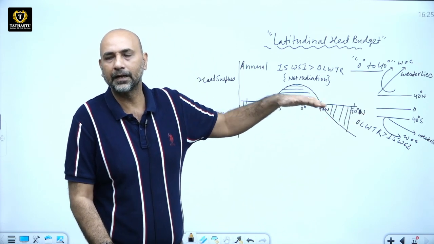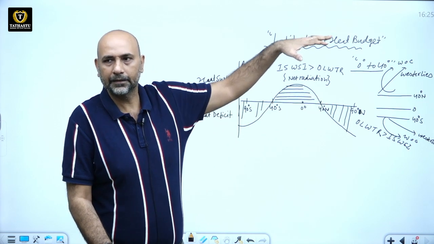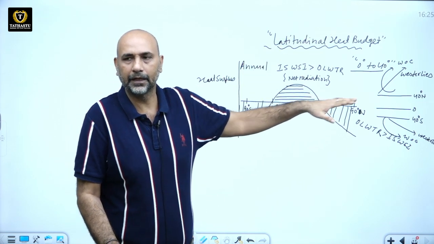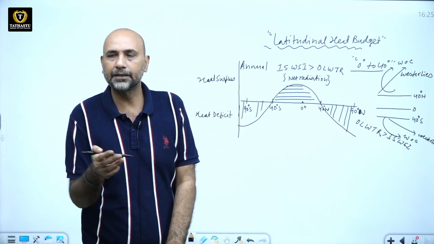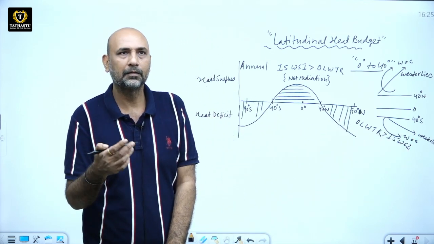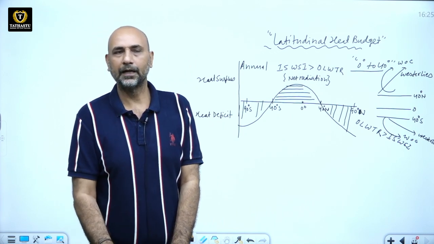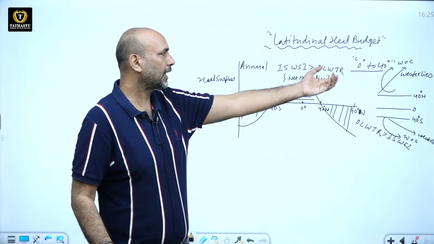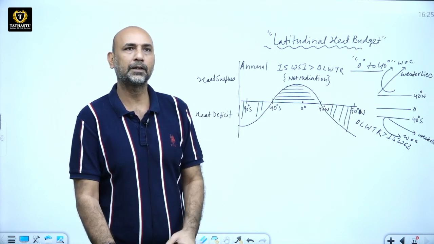So there would have been a rise in temperature over the years in the low latitudes and a decline in temperature over the years in high latitudes, but the balance is maintained by transporting heat from low latitudes to high latitudes through the fluids known as warm oceanic currents and westerlies. This way the latitudinal heat budget is maintained.